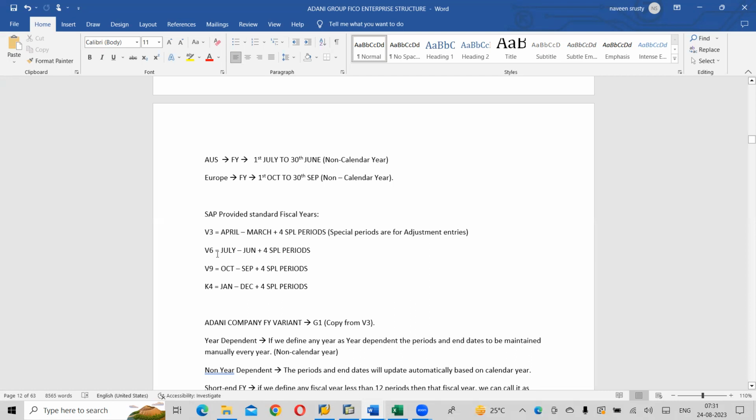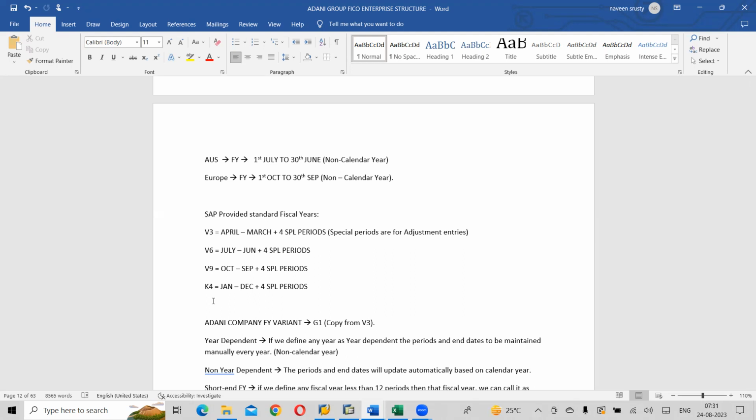V6, July to June, plus 4 special periods. Next one, V9, October to September, plus 4 special periods. K4, January to December, plus 4 special periods.